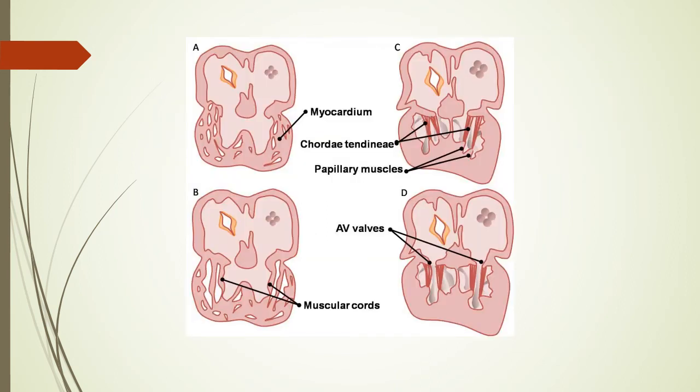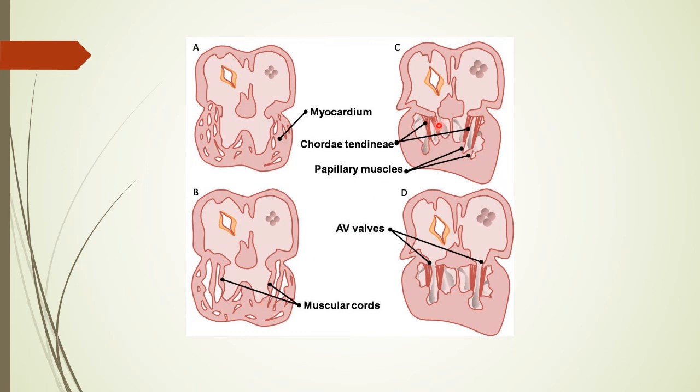Here in this diagram, which is the last diagram of our discussion, you can see cavities being formed in the wall of the ventricles, especially trabeculae being formed, and you can see when trabeculae are formed, because spaces are formed, these other muscular cords are trabeculae, and their distal part is attached to the developing cusps of the atrioventricular valves, while their proximal parts are present in relation to the ventricular wall.